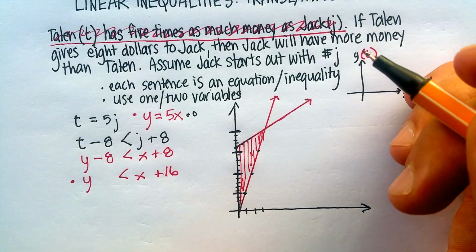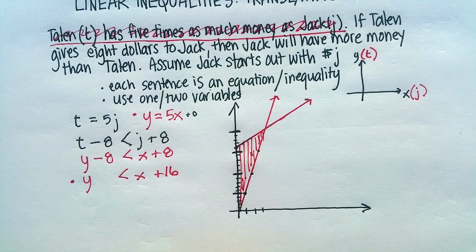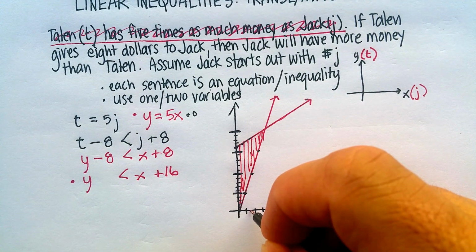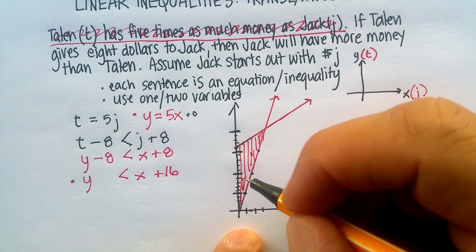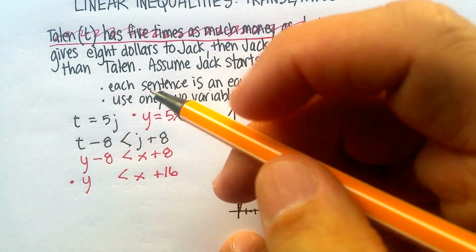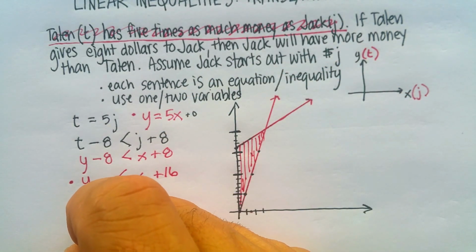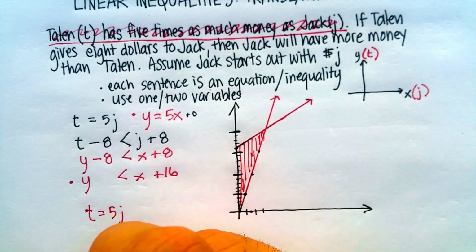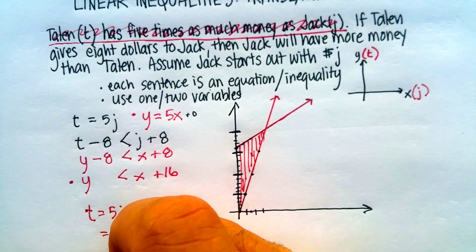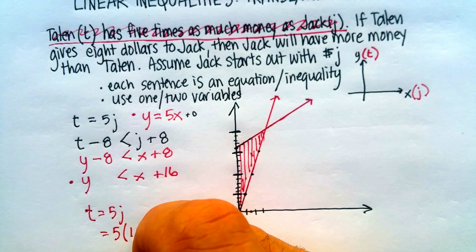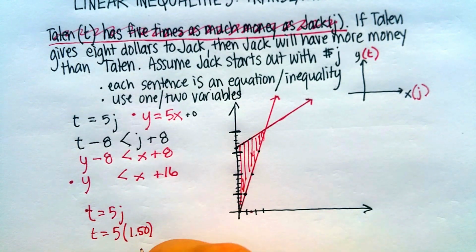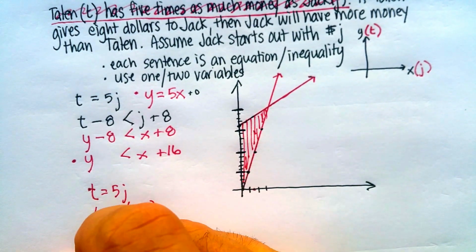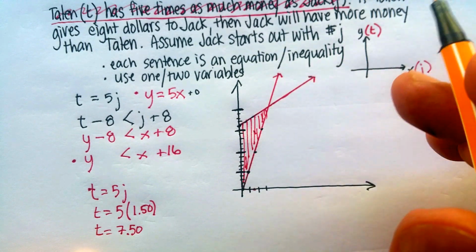Let's see if that's true. Let's pretend that Jack has $1.50. How much money then would Tayden have? All right, so I'd say Tayden is equal to 5 times J. Let's pretend that Jack has $1.50. That means that Tayden would have $7.50. It should be in here. Let's see if that works.